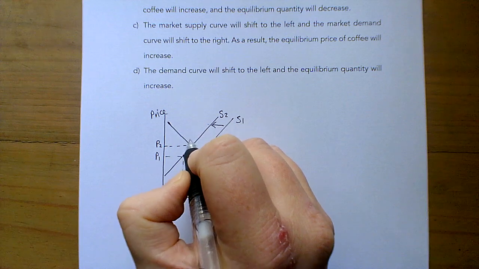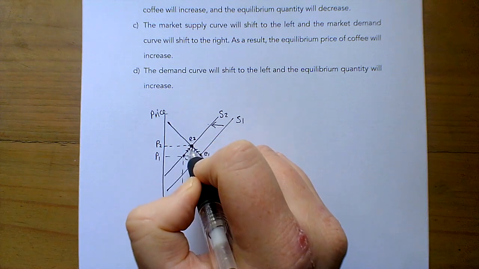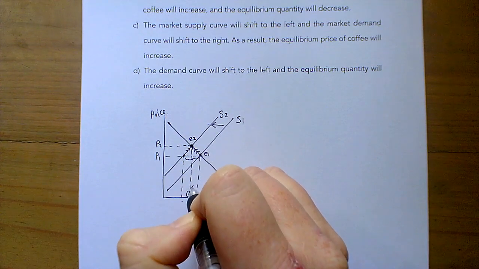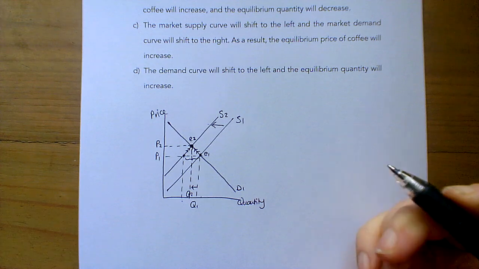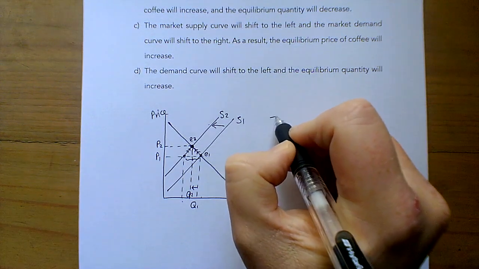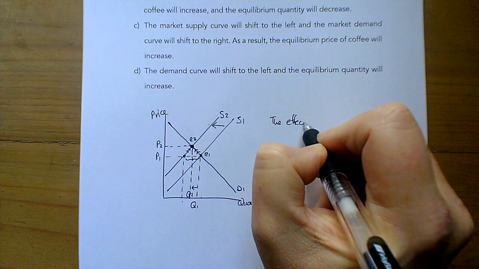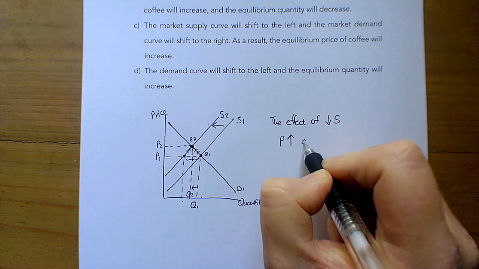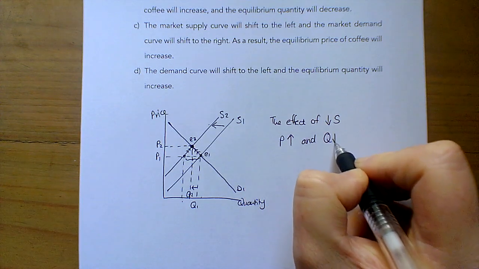So the market moves to this new equilibrium where price is price 2 and the quantity is lower. It's now Q2. So the effect of lower supply is that price goes up and quantity goes down.